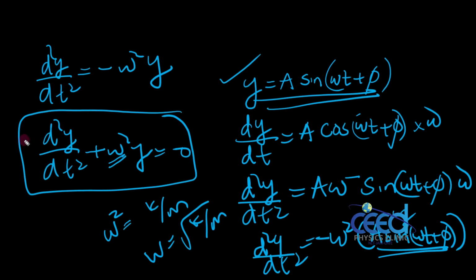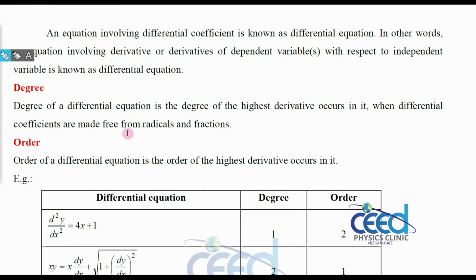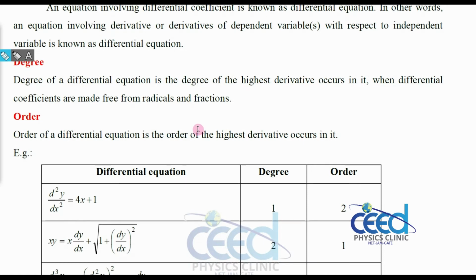Now we can see what is the order and degree of a differential equation. Degree means, if you make a differential equation free from radicals and fractions, you have to remove such radicals and fractions, for example a root raised to 1 by 2.